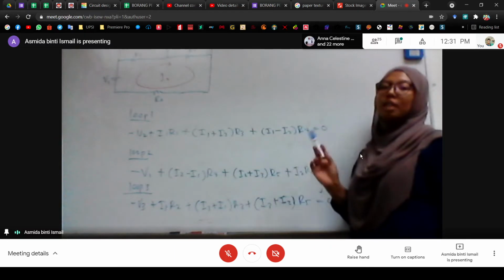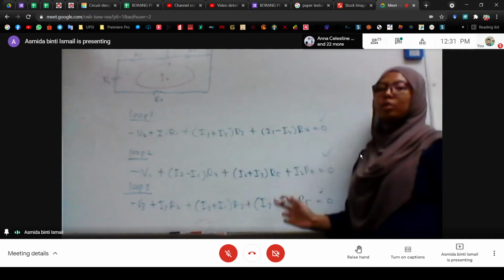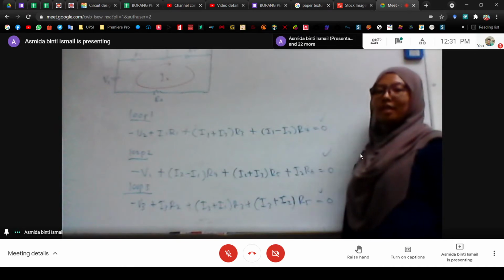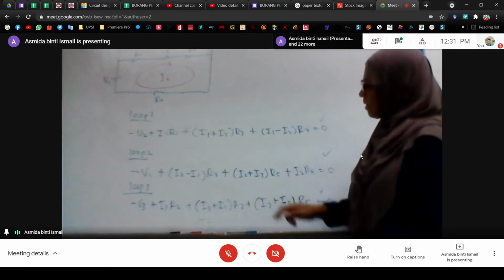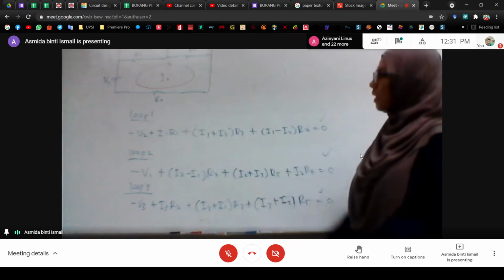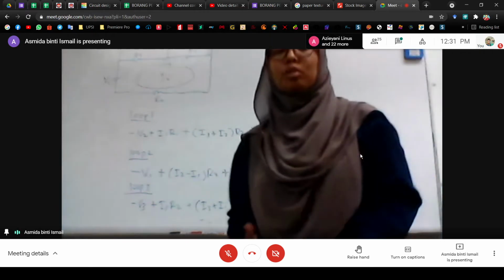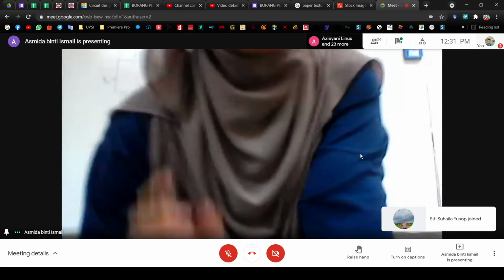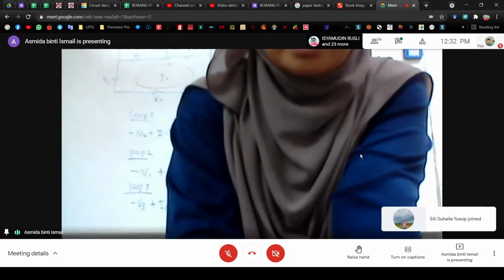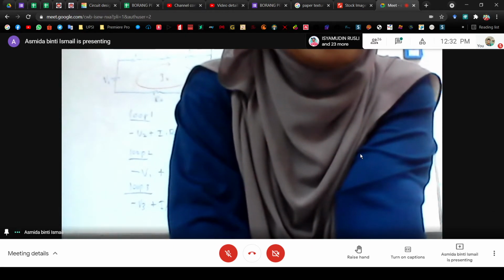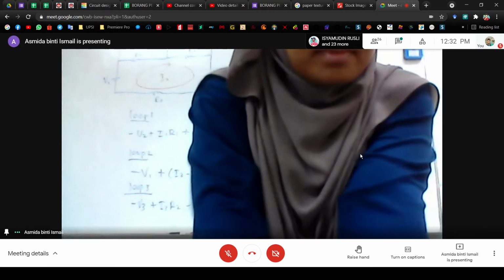What we want to learn today is how to produce this equation. Okay. So do you dah ada equation ni? Kalau equation awak betul, jawapan awak tu selamatlah. You will get the correct answer.